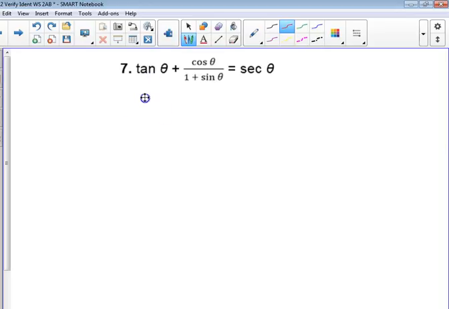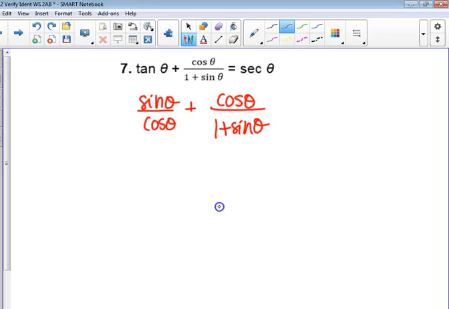What's tangent? Plus a, I assumed you wanted to start with the left-hand side. I always start with the messy one, try to simplify it. Okay. Which got me in trouble on the last one, but common denominator, yes, unfortunately.